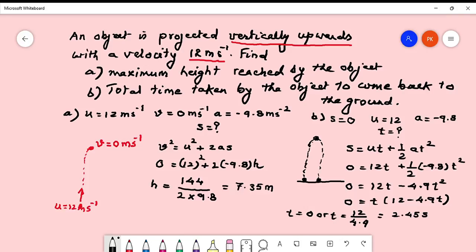Now t is equal to 0 is the initial time when the motion is started. So the object takes 2.45 seconds to reach back to the ground.